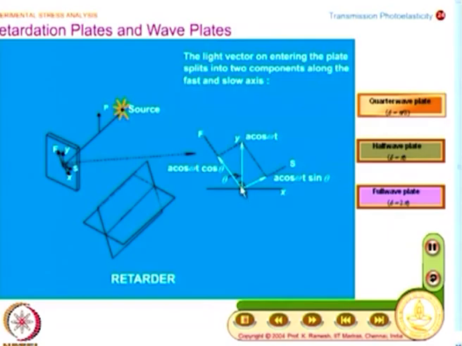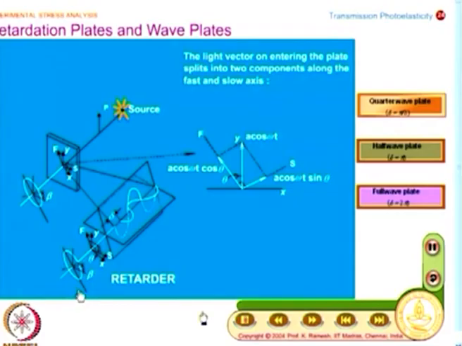It splits into two light components, they travel within the model, acquire a retardation, and in general you get elliptically polarized light.